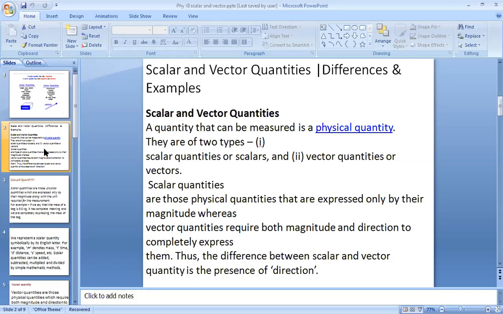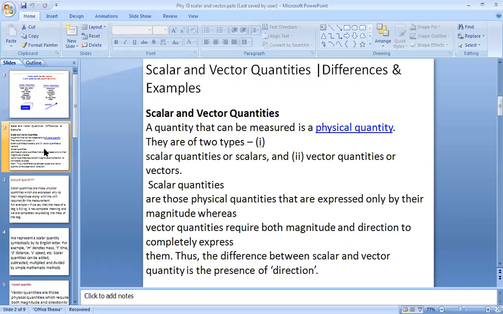Some quantities are simple and basic quantities, like there are 7 basic quantities in physics: length, mass, time, temperature, etc. And other quantities, which we derive from a single or 2 or more quantities by combining them, are called derived quantities.